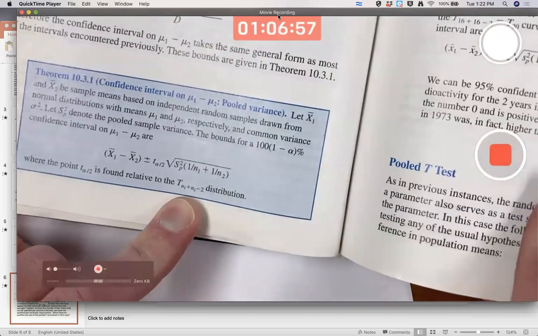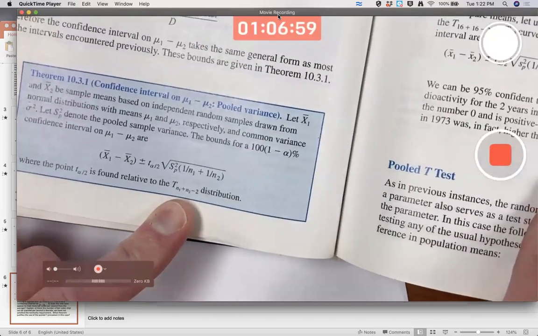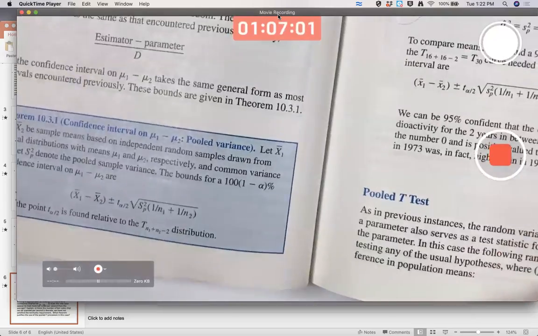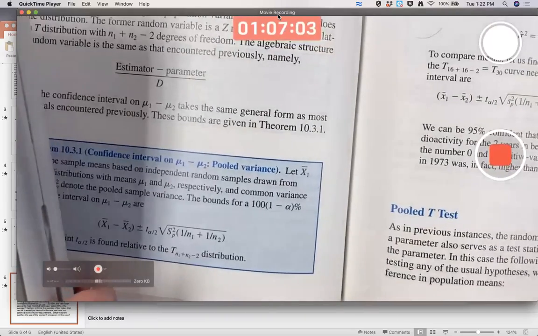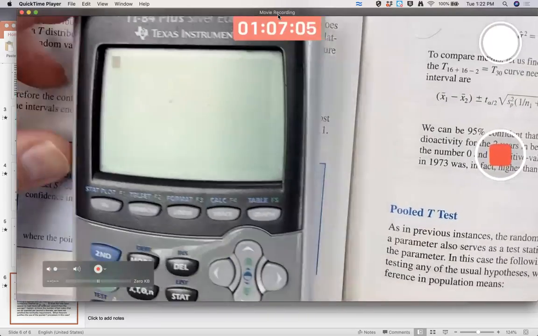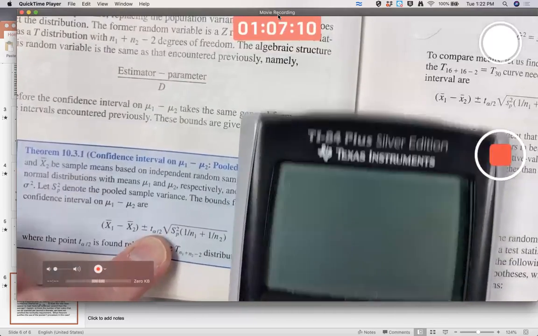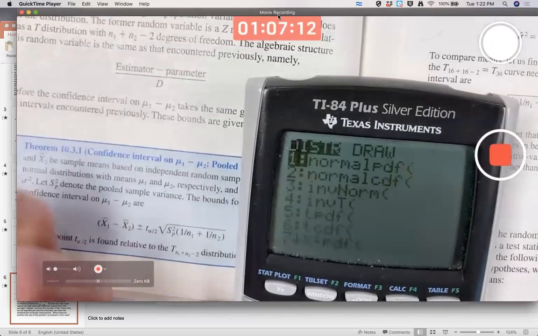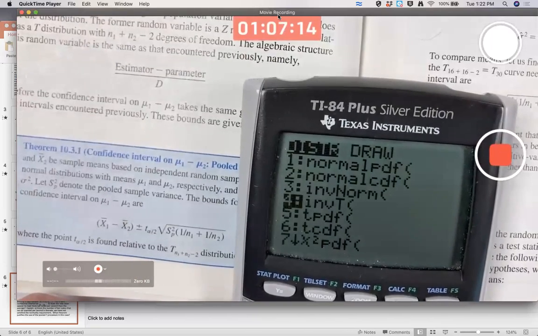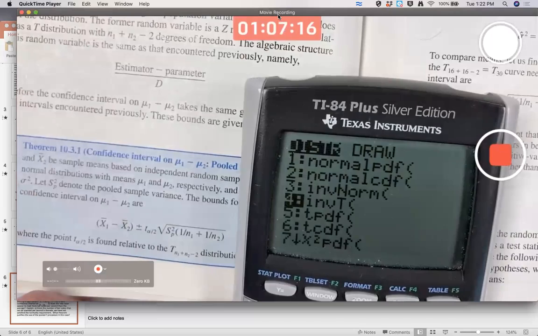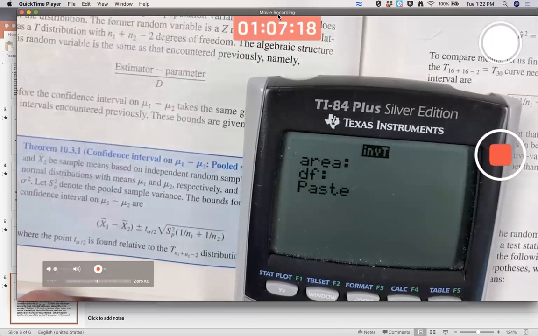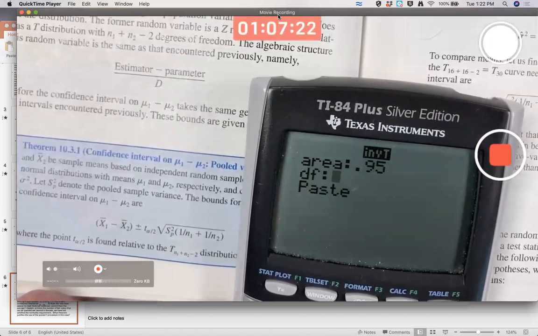And for example, if you wanted to do a 95% confidence interval, alpha is 0.05, and you want to use your calculator and still use this formula, you'd have to figure out t. That means you'd need to use inv t to find the critical value. Alpha is 0.05, I type 0.95 in there with 120 degrees of freedom.